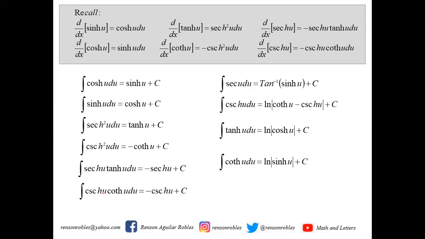And the integral of csch u coth u du is negative csch u plus c. Then we will be using these formulas to integrate some of the following examples.